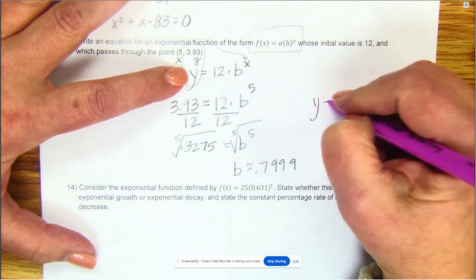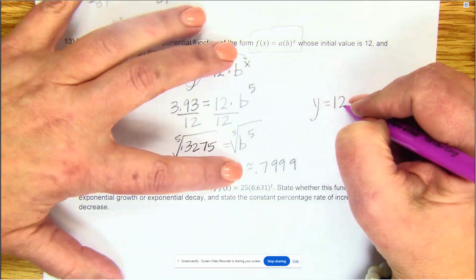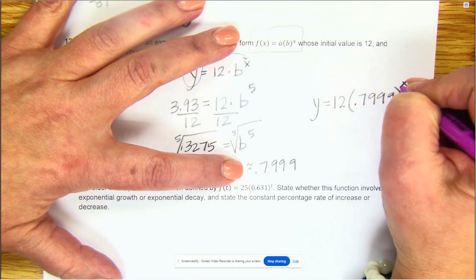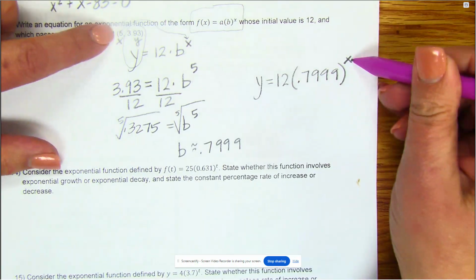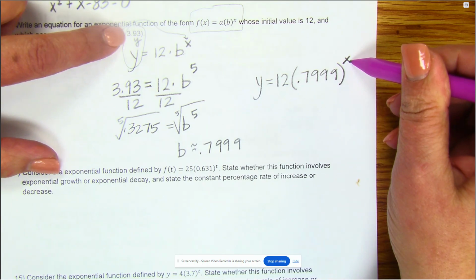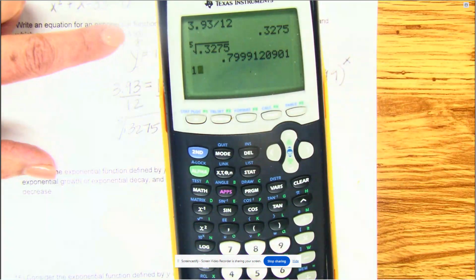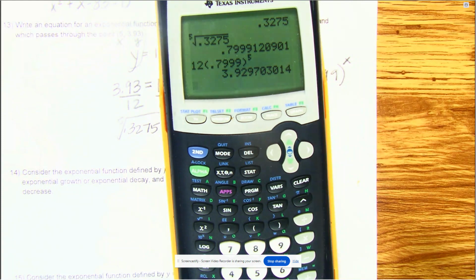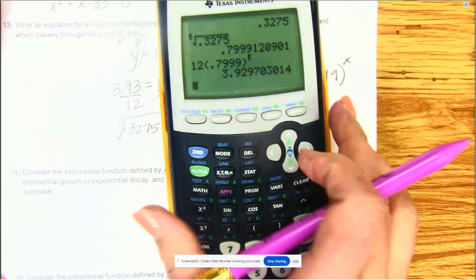So the rule is the initial amount. So this problem is decay. And then on the test, I'd make sure to put the 5 in there and make sure it spits out 3.93. 12 times 0.7999 to the 5th. Yep, 3.9. It's not perfect due to rounding, but it's very close.